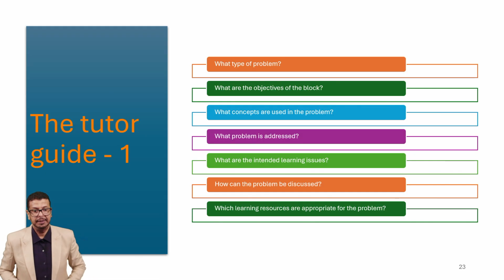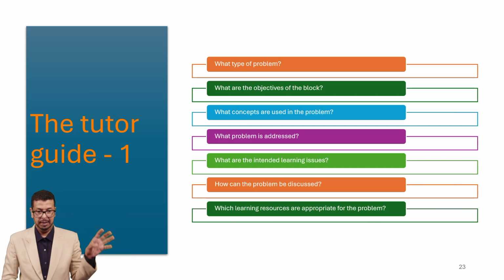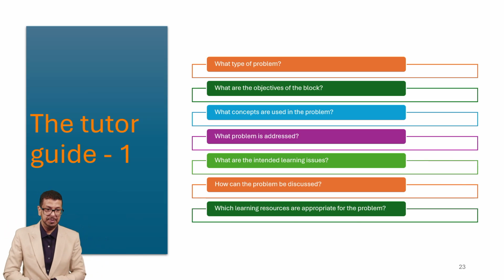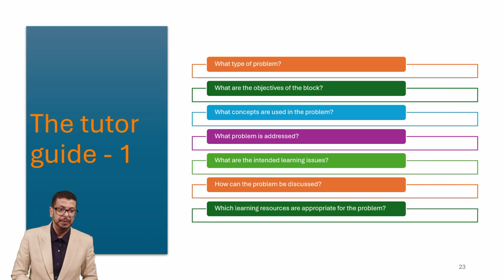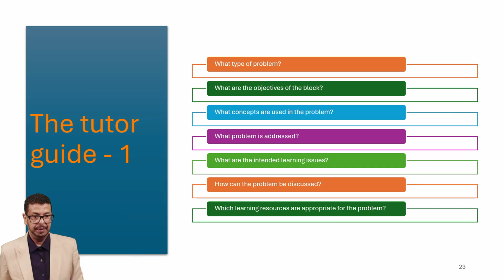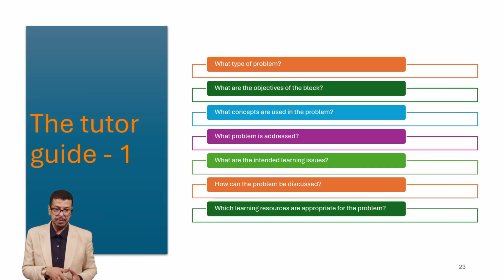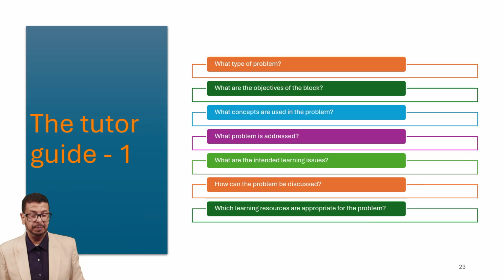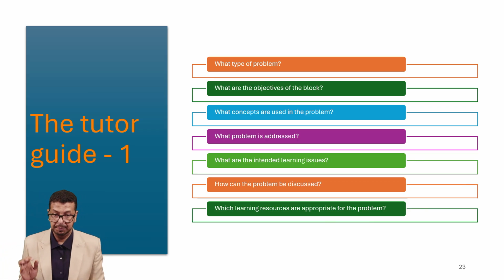And the tutor guide should include what type of problem, among the types that we described, the objective of the course or of the module, the concepts used in the problem, what problem is addressed, intended learning issues, how the problem can be discussed, and what learning resources are appropriate for the problem.